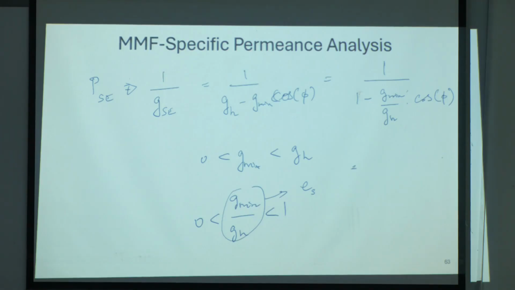So this expression becomes 1 over 1 minus severity of static eccentricity times cos phi.